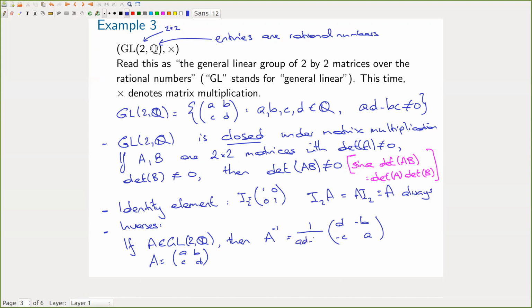And as long as you know that that determinant is not 0, then this A inverse matrix is also an element of GL2Q.